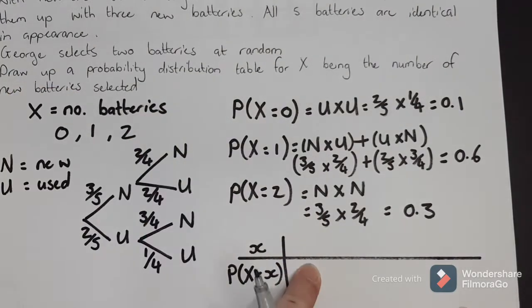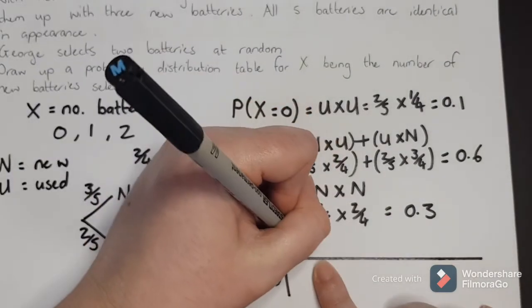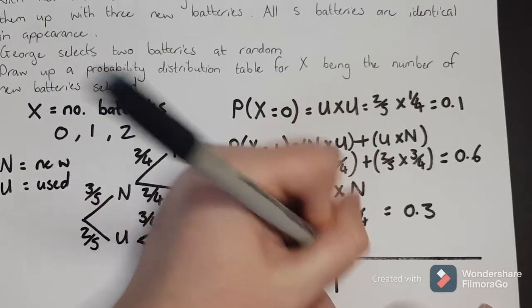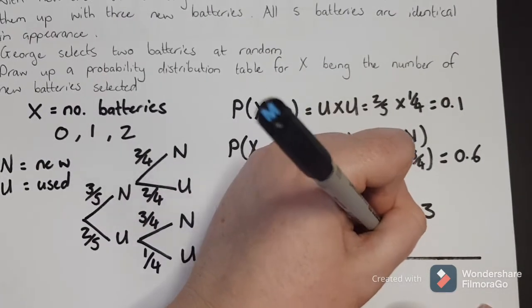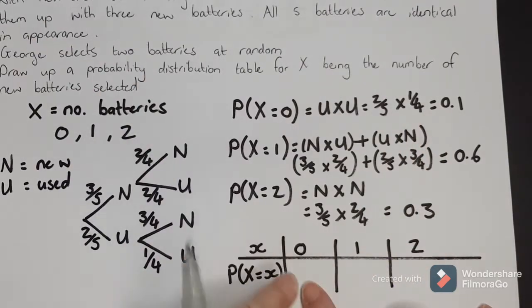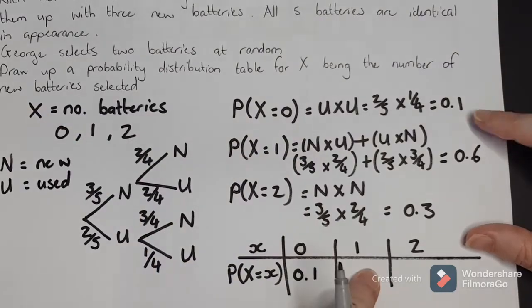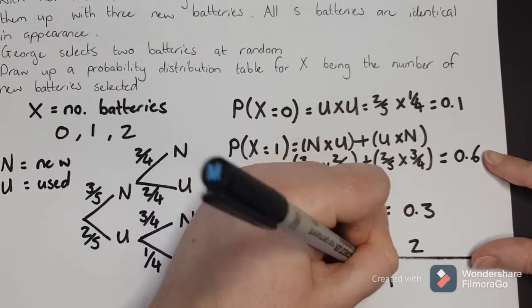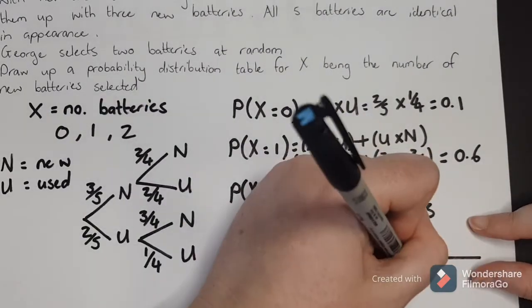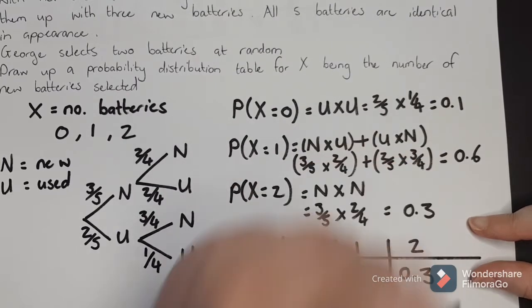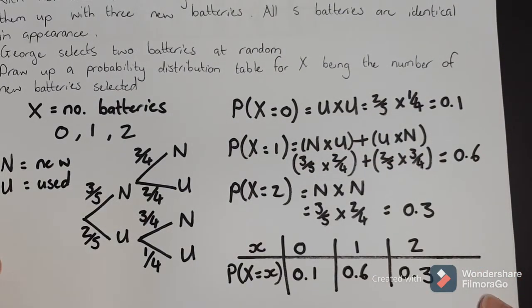So the x is then 0 or 1 or 2. So for 0, the probability was 0.1. For 1, the probability was 0.6. And for 2, the probability was 0.3. And there is our final answer, because that's our final probability distribution table.